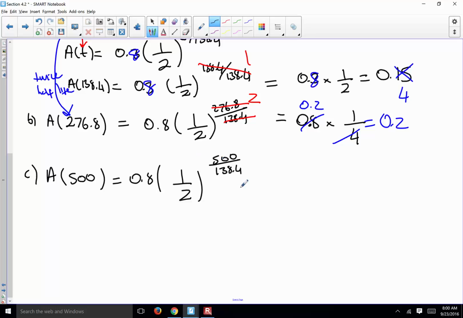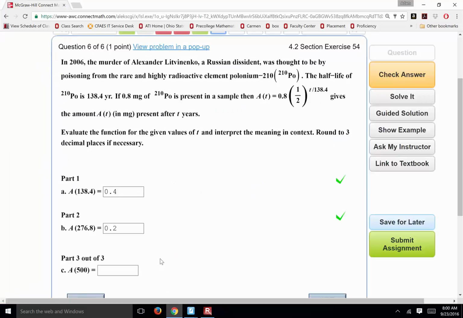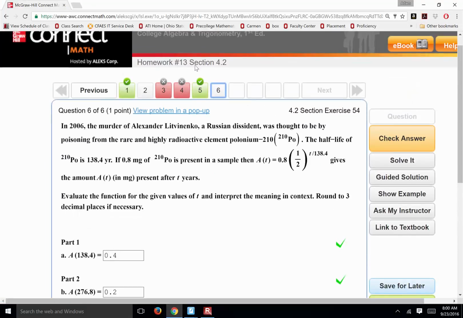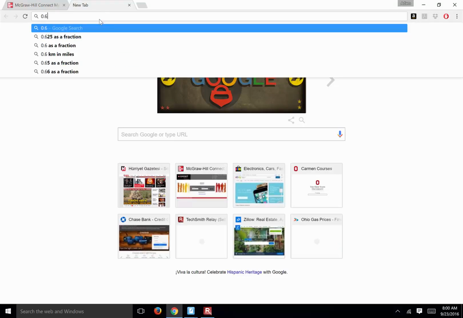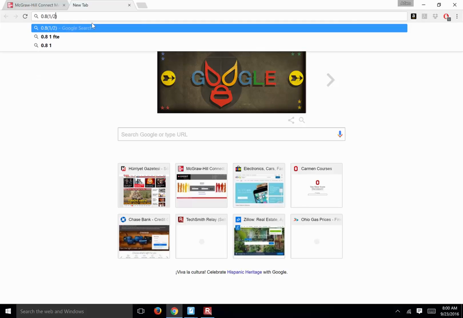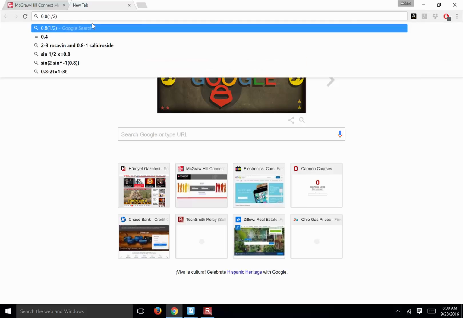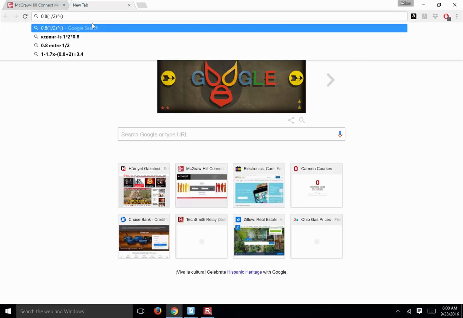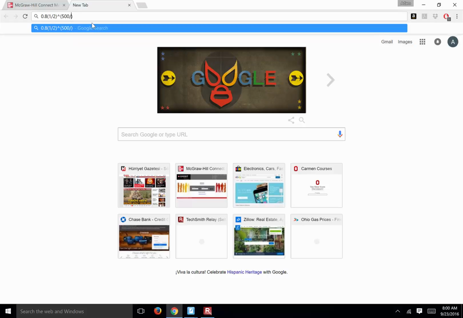I need help. Or you can just type this into Google or your calculator. It will tell you that it's 0.8 times 1 over 2 raised to the power of 500 divided by 138.4.